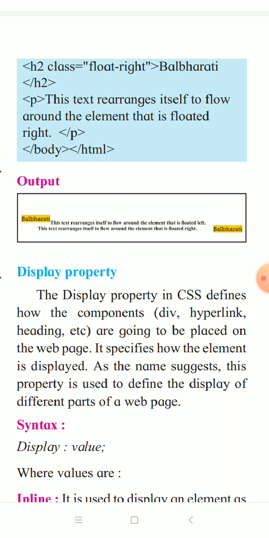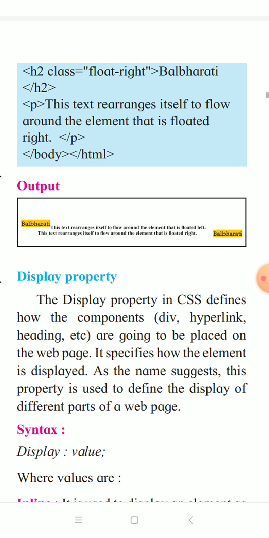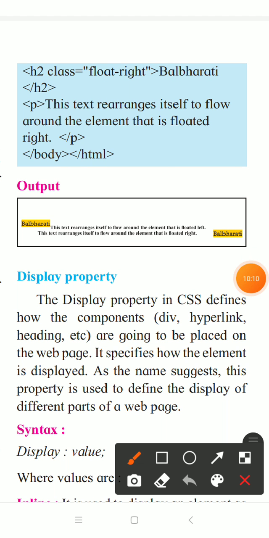Paragraph also you can see here for first element, Bal Bharti left side element, the paragraph should display around this element, and for right side Bal Bharti, the second paragraph also displays around the element of the text, means that paragraph is displayed around the Bal Bharti. Okay, this is the float property.